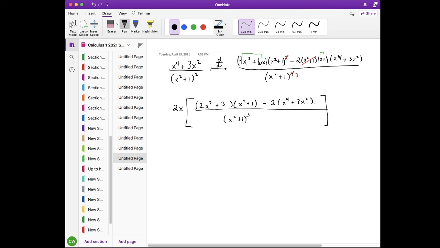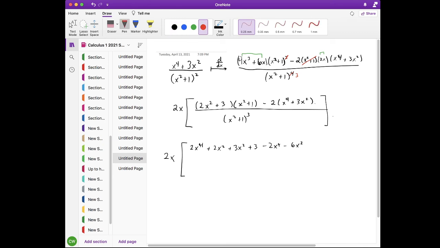Okay, so let's simplify. This is 2x to the fourth plus 2x squared plus 3x squared plus 3 minus 2x to the fourth, minus 6x squared.